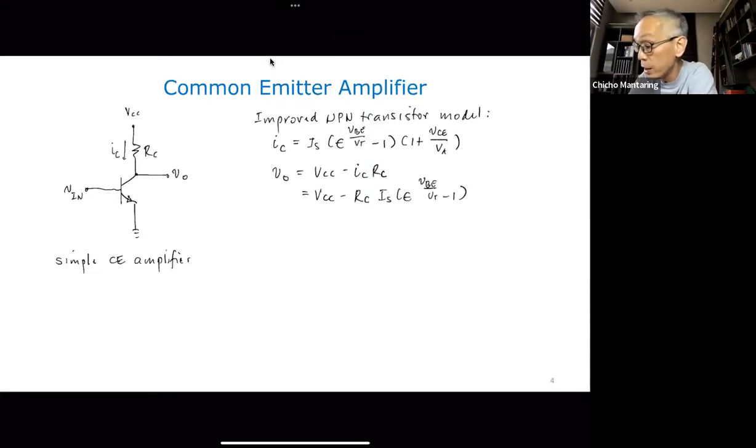This is now your V sub O. So what does this do?